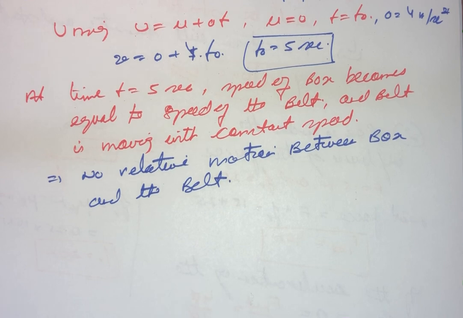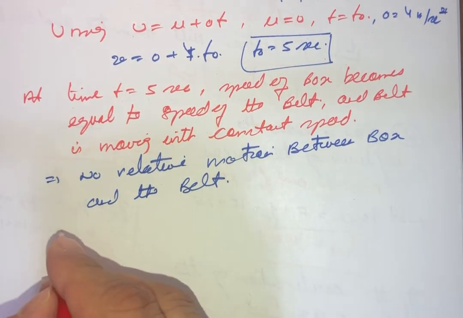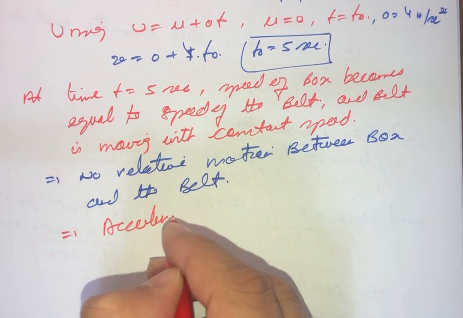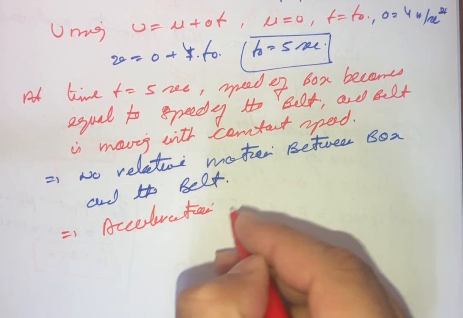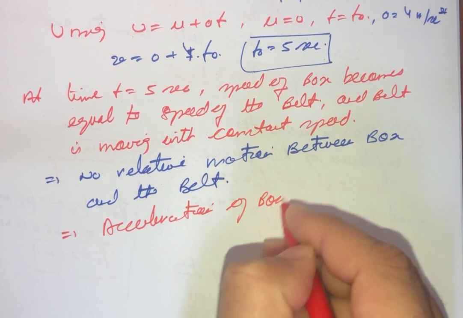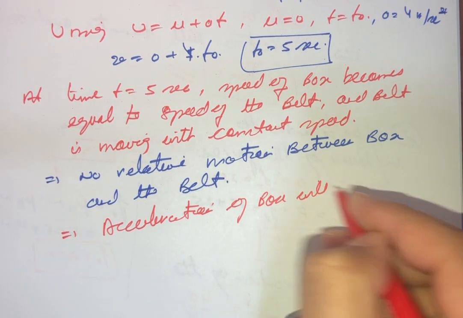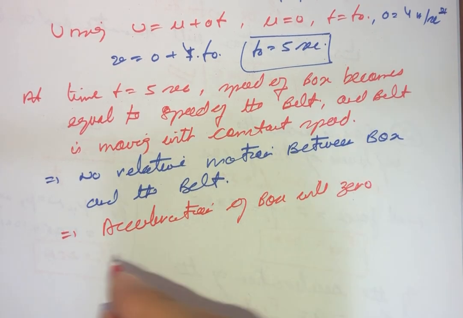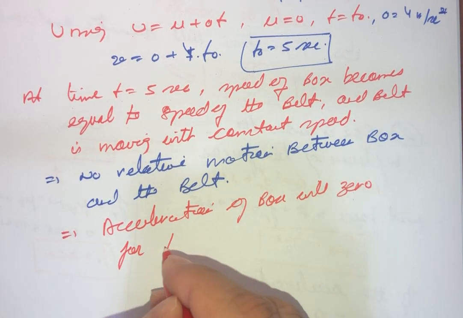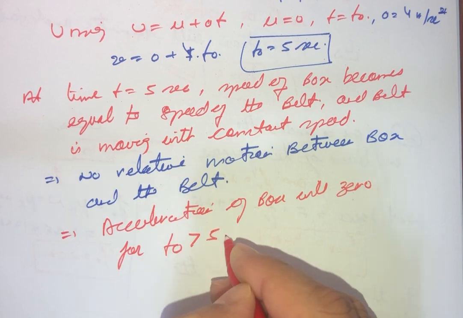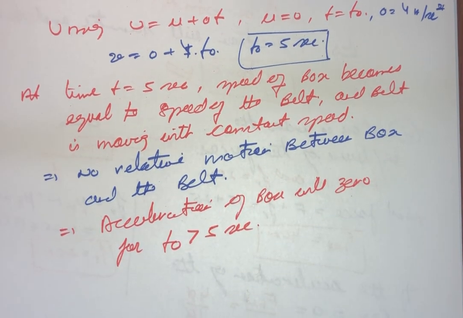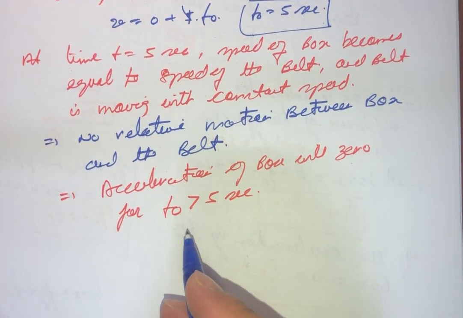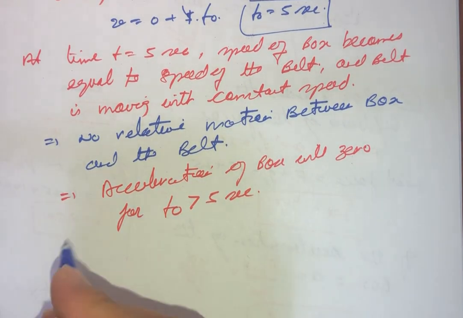Okay. So this means the acceleration of the box will be 0 for t naught greater than 5 seconds. Okay, for t naught greater than 5 seconds. Here we can say it is asked for time t equal to 6 seconds.